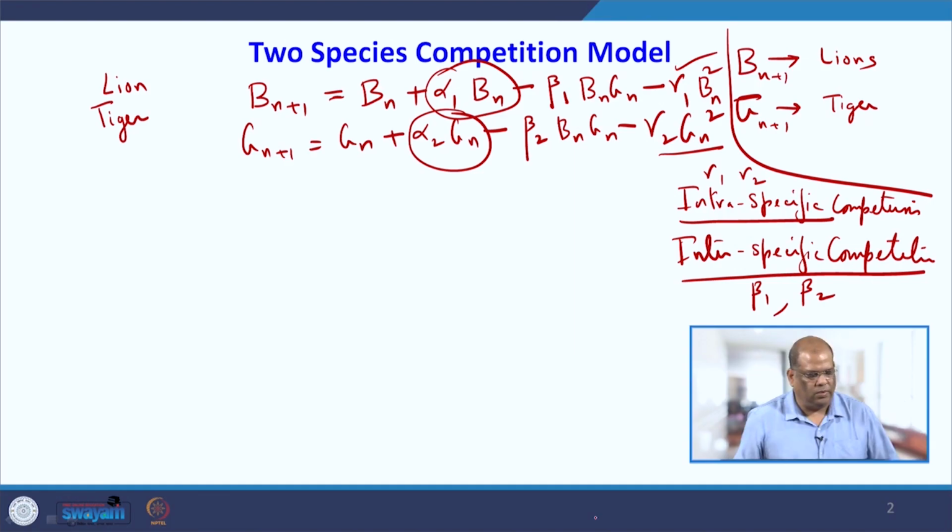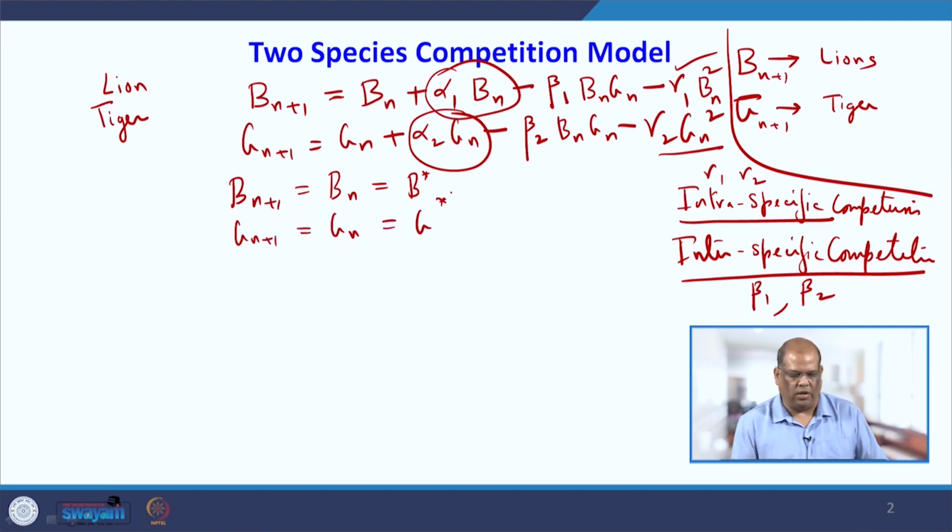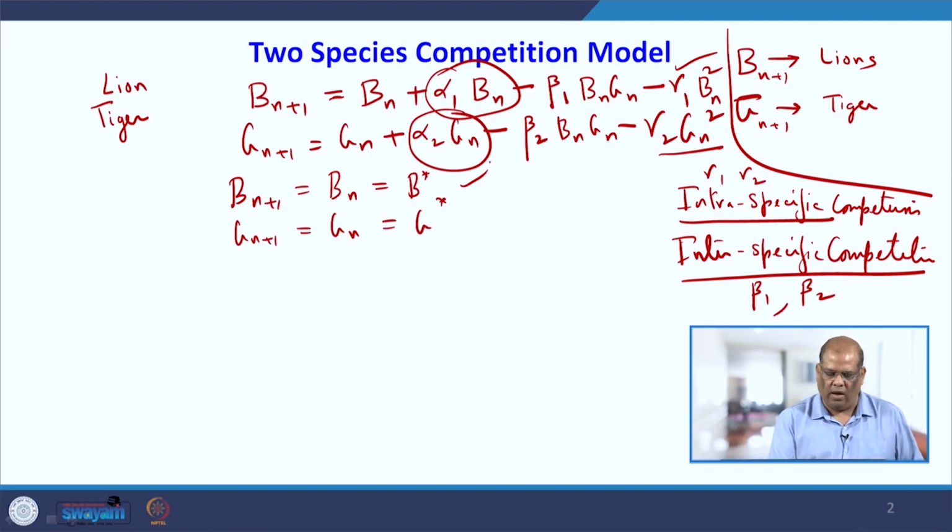So, once this model is formed, obviously you will go and look for its equilibrium solution. The equilibrium solution will be given by no change from the nth to the n plus 1th generation or time. So, we replace b n plus 1 and b n by b star, and g n plus 1 and g n by g star.